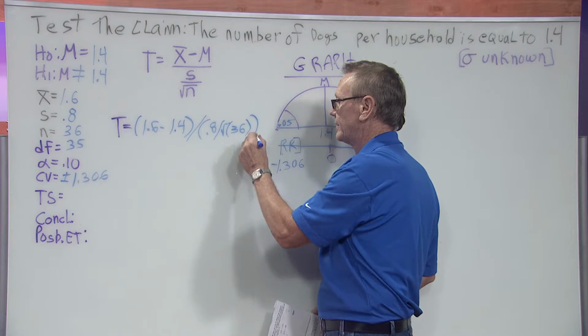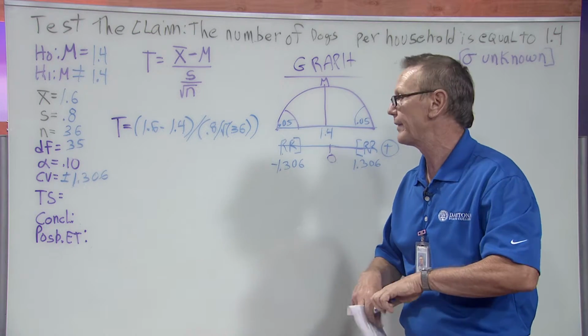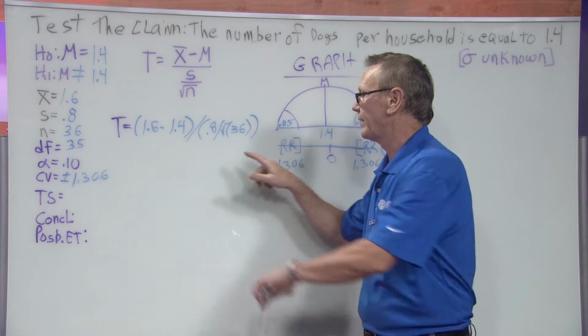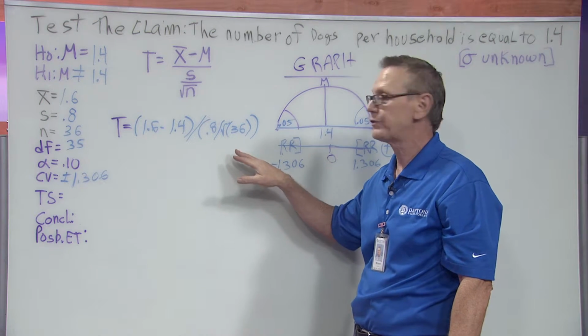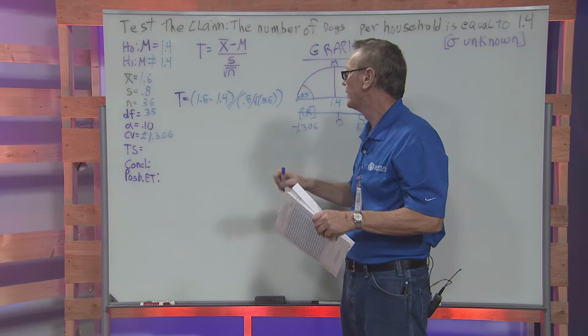Make sure you look closely at the parentheses. They're needed. You need one for the numerator, a set for the denominator, and then most calculators put a parenthesis under a square root.